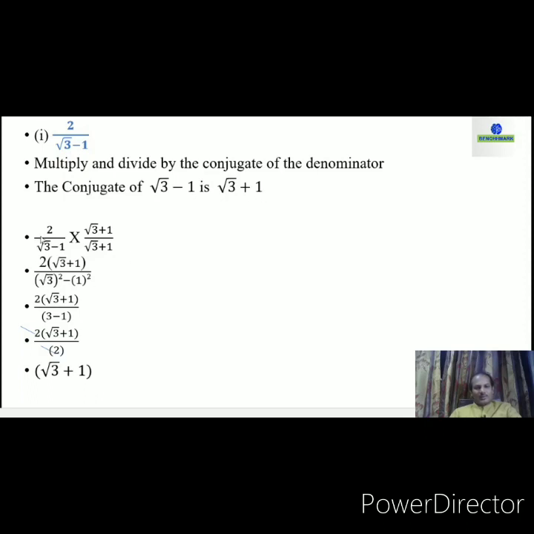See the next step: 2 upon root 3 minus 1 into root 3 plus 1 divided by root 3 plus 1. So I am getting 2 into root 3 plus 1, and in the denominator I have root 3 square minus 1 square. So what do I get? 2 times root 3 plus 1 divided by 3 minus 1. This 2 and 2 get cancelled. So I am left with root 3 plus 1.